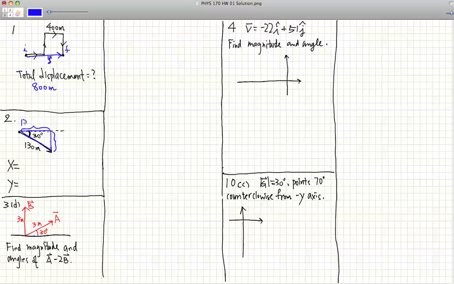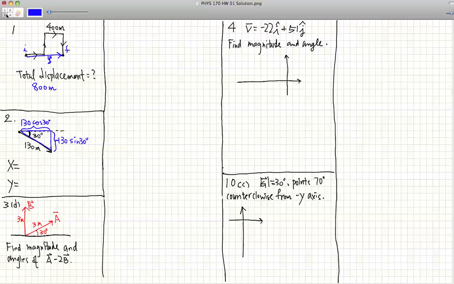Therefore the horizontal length is 130 meters times cosine 30 degrees, and the vertical length here is 130 times sine 30 degrees. However, there's a slight complication, which is that Superman is flying down instead of up. So if I want to be very precise, I should have added a minus sign in front of it.